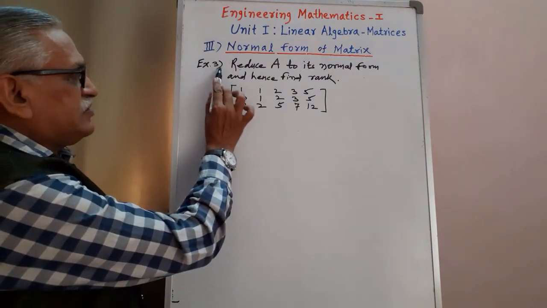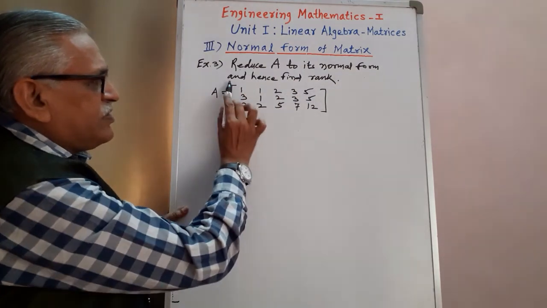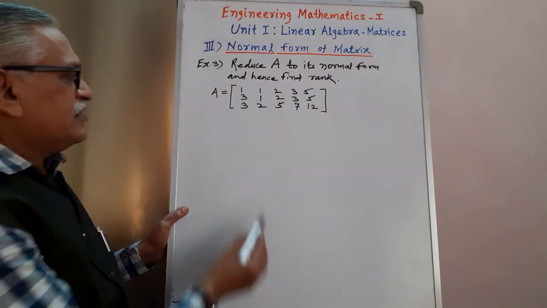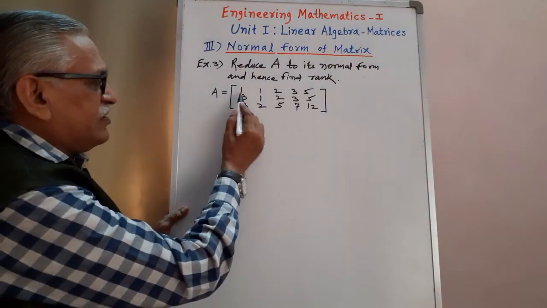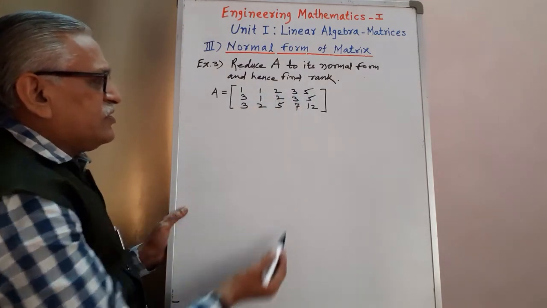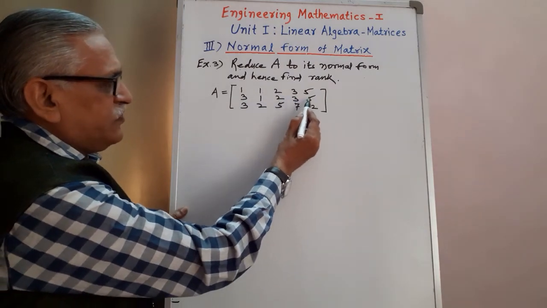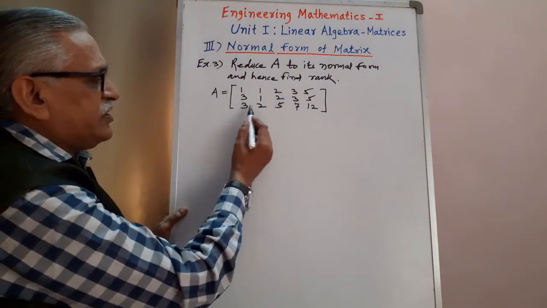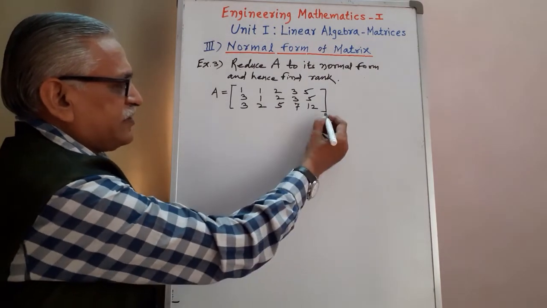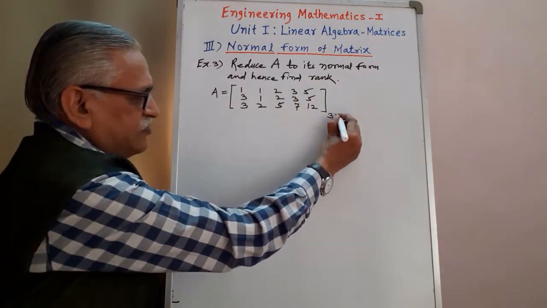Example number three: reduce matrix A to its normal form and hence find its rank. Matrix A has elements 1, 1, 2, 3, 5 in the first row; in the second row, 3, 1, 2, 3, 5; third row, 3, 2, 5, 7, 12. The order of this matrix is 3 rows and 5 columns.